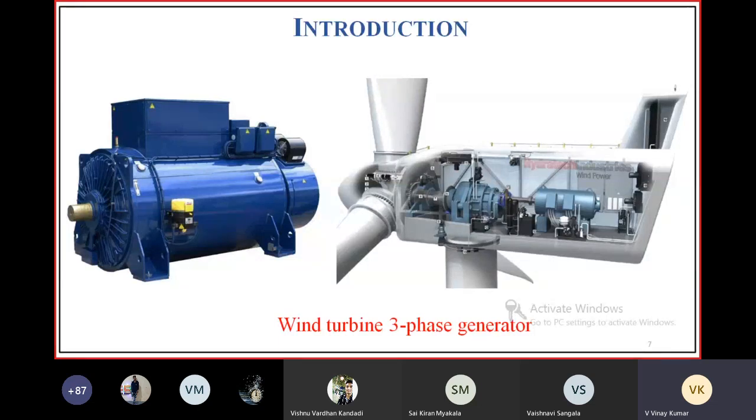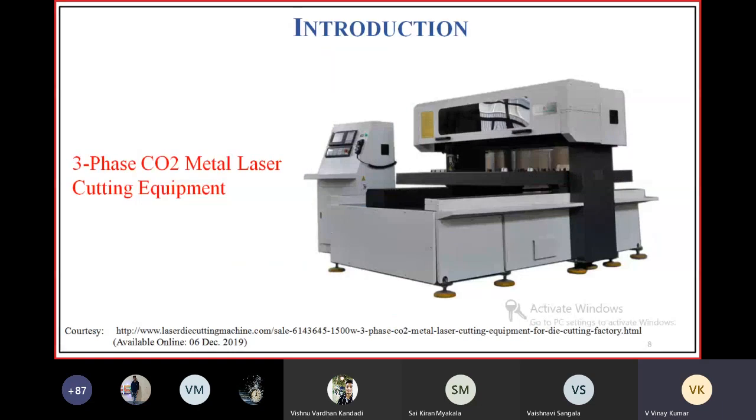Normally we generate three-phase supply, not single-phase supply. We utilize single-phase supply for domestic appliances, but we do not generate single-phase supply. We produce three-phase supply. This is also one of the applications of three-phase system.